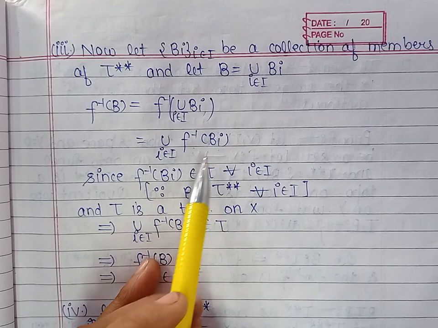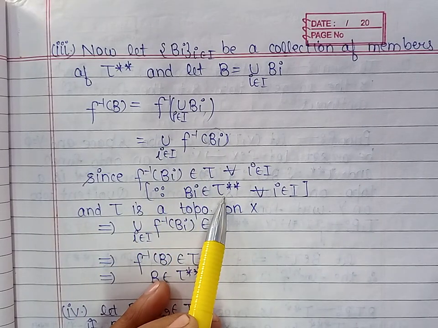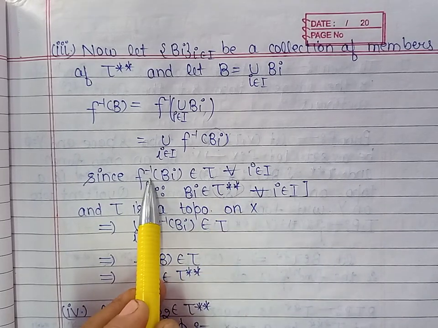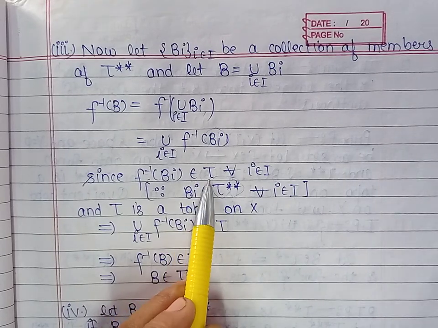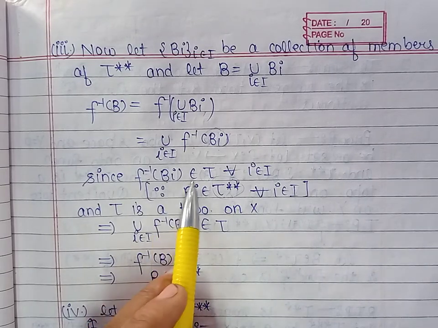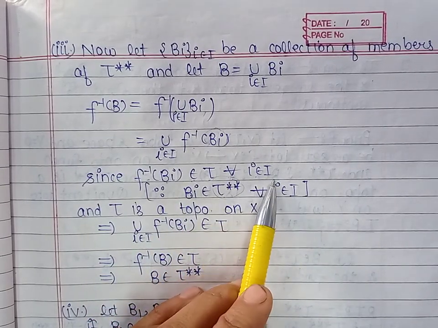Now because Bi are members from the collection tau double star, by definition of this collection, their inverse image under f will belong to the topology of X. So f inverse of Bi belongs to tau for every i belonging to the index set.